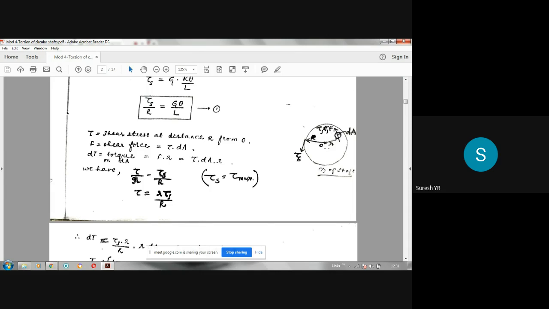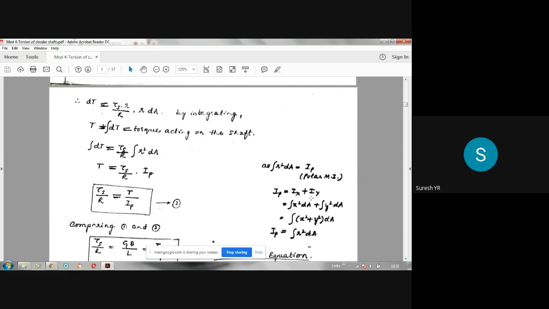So r square is equal to x square plus y square. So integral r square dA is the polar moment of inertia. Integral x square dA is Iy. Integral y square dA is Ix, according to the definition. So if you add them, you are going to get the polar moment of inertia.